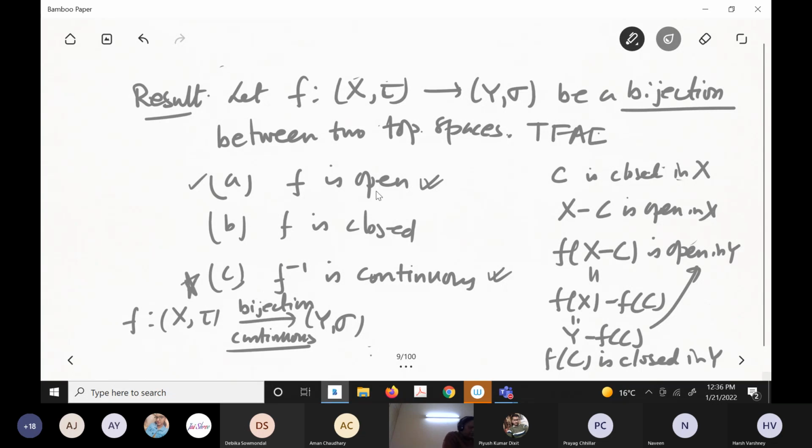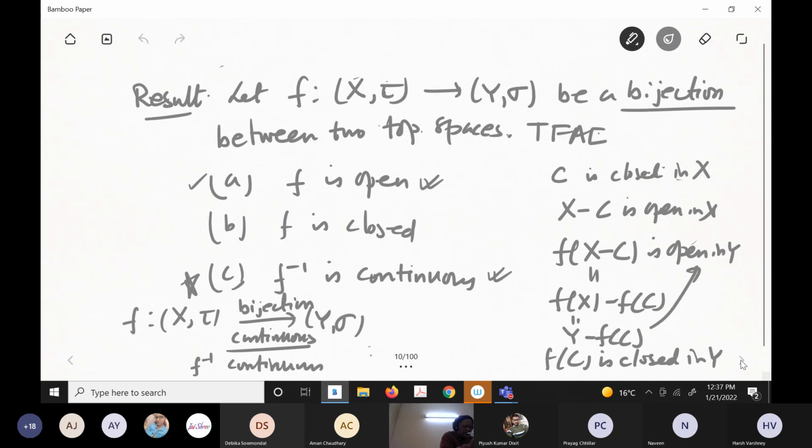But that is f is open. So that f inverse is continuous. So for the definition of homeomorphism, you can take any one of them. But if they are not a bijection, they may all be different. Anyway, if it is not a bijection, then the inverse won't be defined. But still you can define open and closed.